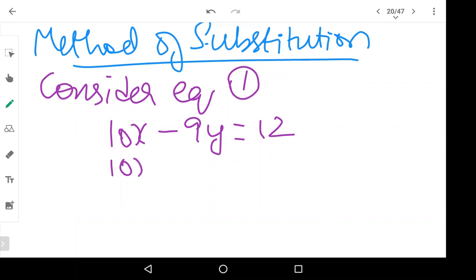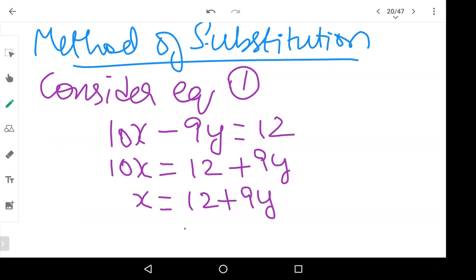So 10x is equal to 12 plus 9y. x is equal to 12 plus 9y divided by 10. So we're going to get this expression of x is equal to 12 plus 9y by 10 and we'll substitute this in equation 2.